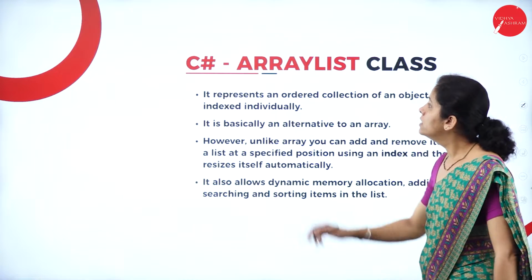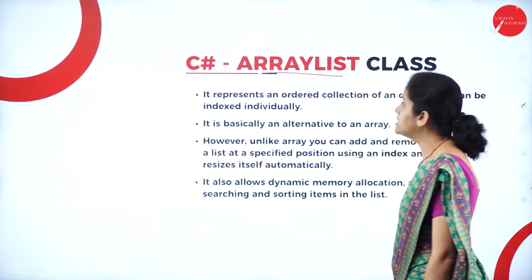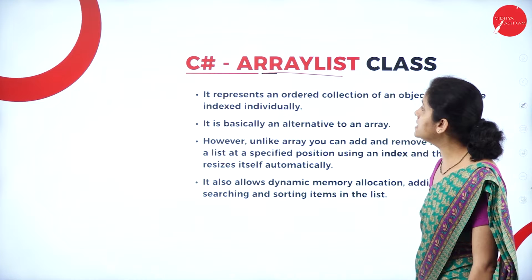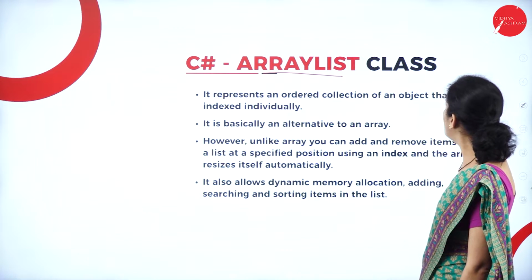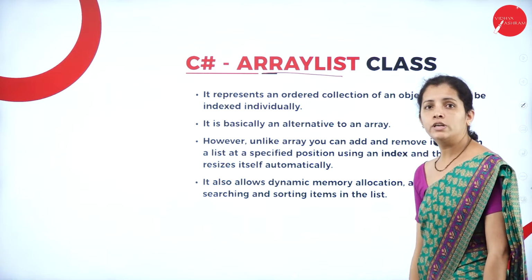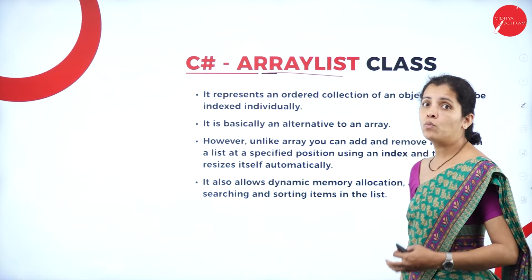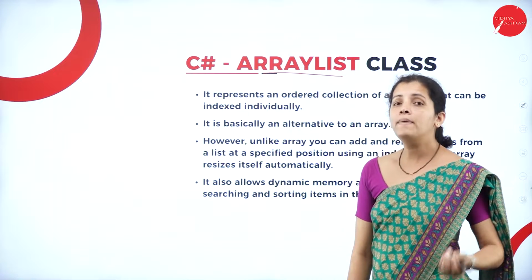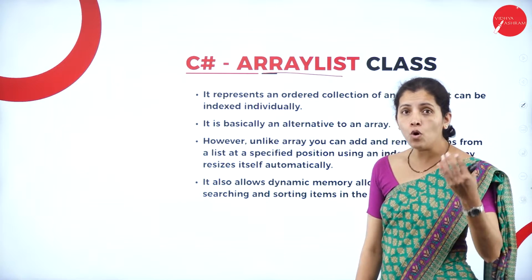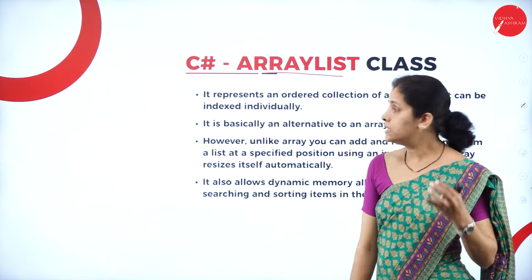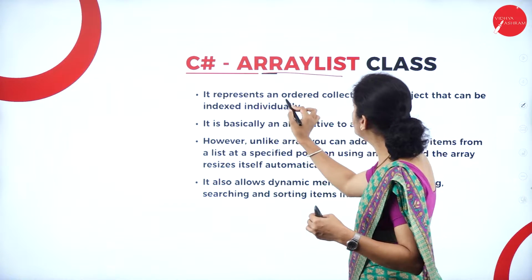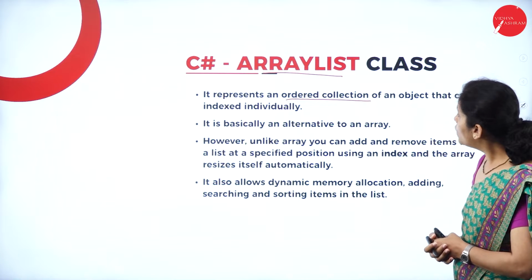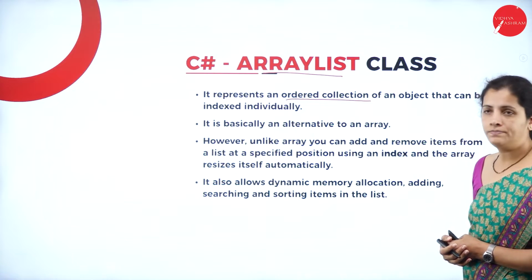Now I'm going to cover the concept called the ArrayList class. It represents an ordered collection of objects. So dear student, when I have only one object, then it is the Array class. But when I have more than that, a collection of ordered objects, then it is called an ArrayList.